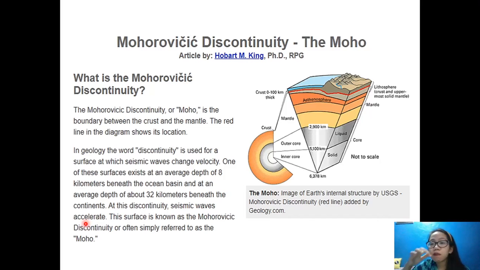The seismic wave running from the crust to the mantle starts to speed up whenever it reaches the Mohorovicic discontinuity. That is because the mantle is much thicker and denser than the crust. So naturally, the seismic waves would pass through the particles faster, making the seismic waves accelerate. Okay, so that's the logic behind the MOHO.